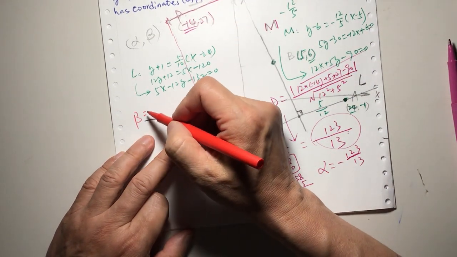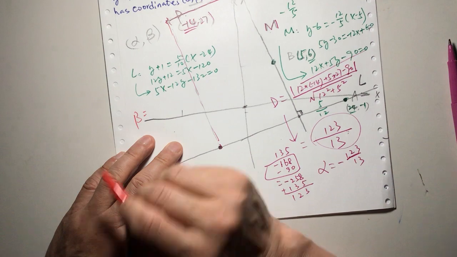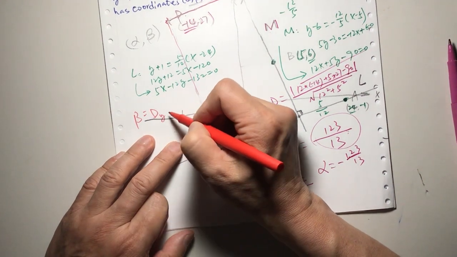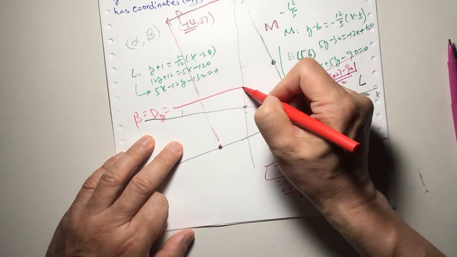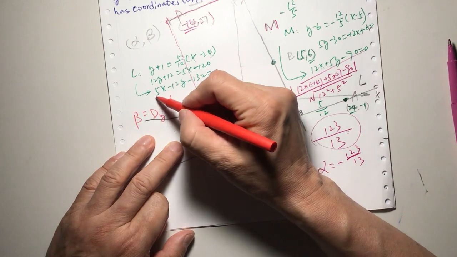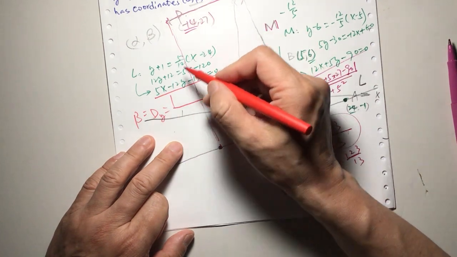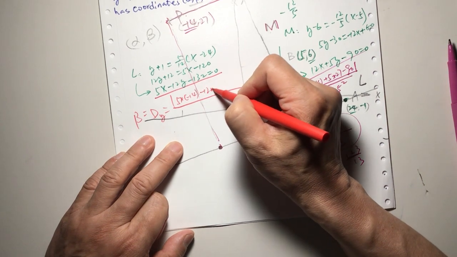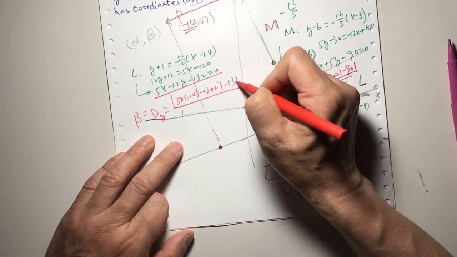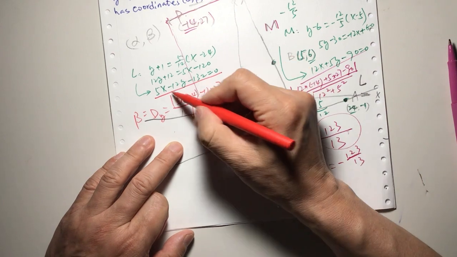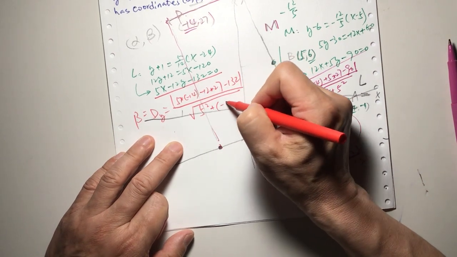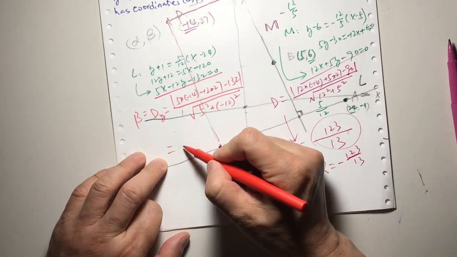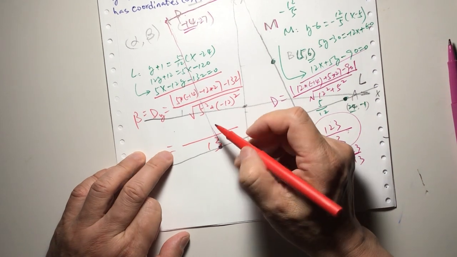We just take the distance: the absolute value of 5 times -14 minus 12 times 27 minus 132, over the square root of 5 squared plus (-12) squared, which is 13.